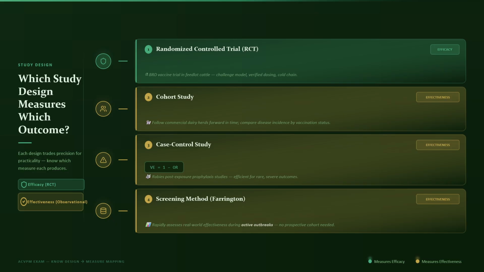A cohort study follows groups forward in time. Take commercial dairy herds, sort them by vaccination status, and compare disease incidence as it unfolds. A case control study works backward. You start with diseased and non-diseased animals and look back at vaccination history.